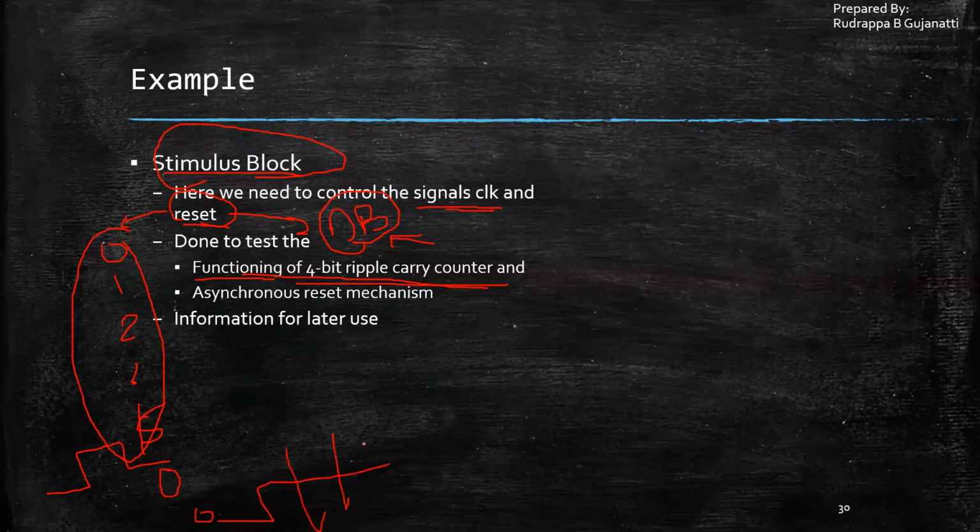There may be a number of cycles passing through. So that is what you are testing over here. One is you are testing the asynchronous reset mechanism, that is, at any random time you give a reset signal and see what happens. And if reset is in proper form and counting should happen, then you are testing the functioning.